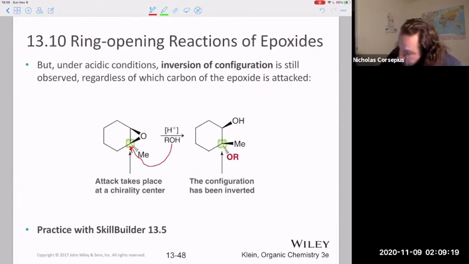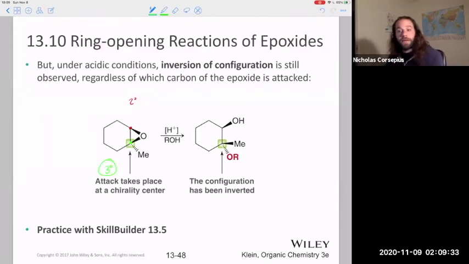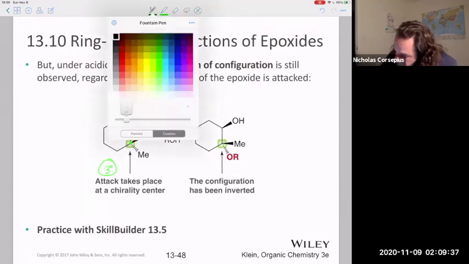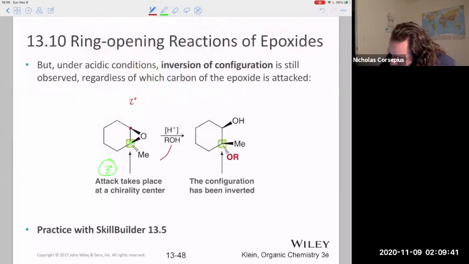And so notice in this case here, it's an acid catalyzed ring opening. This carbon here is a secondary compared to this carbon here, which is tertiary. The tertiary wins. And because of that, I'm going to see the backside attack, and notice what happens to the position of the methyl group.